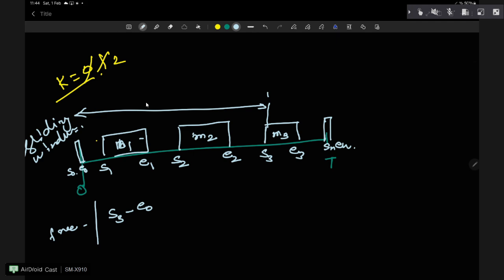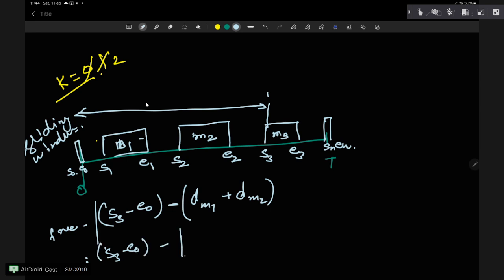So if k is 2, then this is the total time we have. We will subtract from it the duration of M1 and M2, which we can calculate easily. So this would be S3 minus E naught minus, basically, E1 minus S1 plus E2 minus S2.